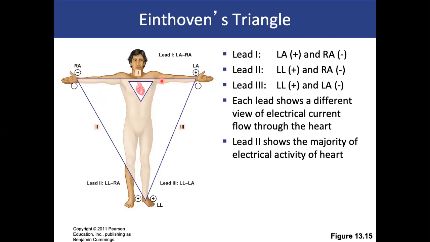And then lead 3 captures electrical current going in this direction. Lead 2, the negative is at your right arm, the positive is at your left leg. And so we usually use lead 2 first to analyze the electrical activity because it's going to show the bulk of the electrical activity, because it's going to show you a picture through that interventricular septum.